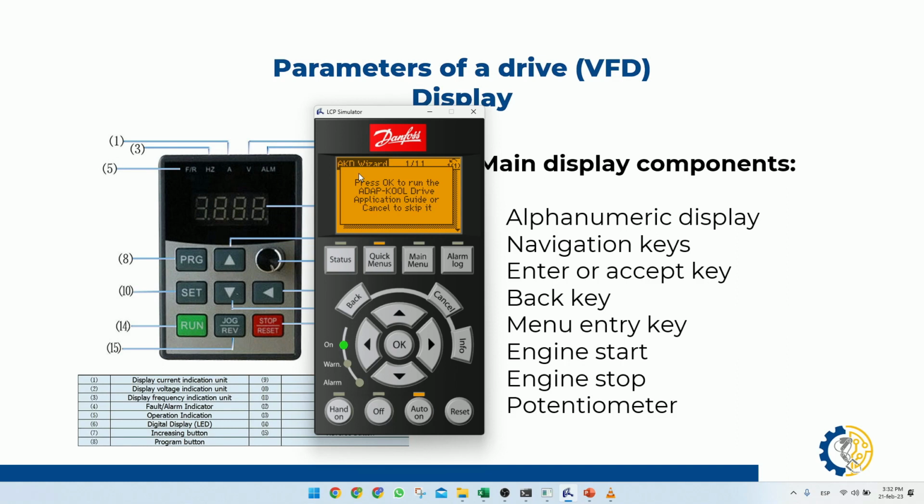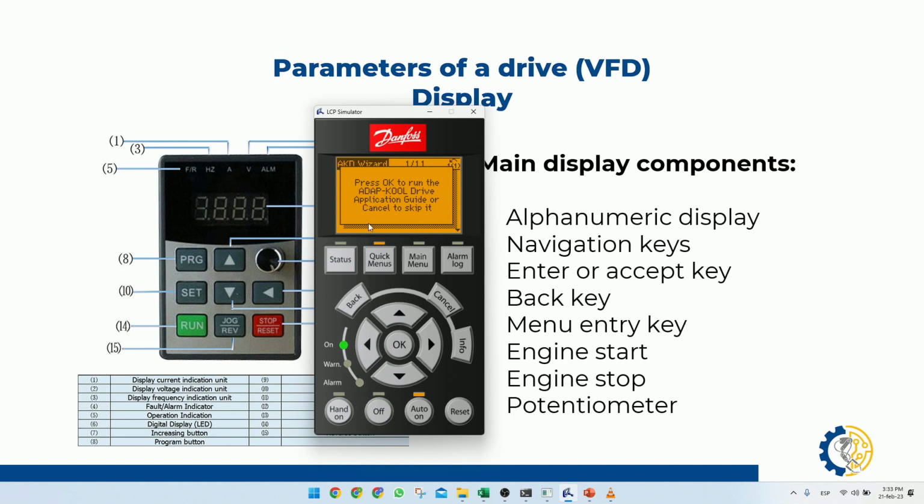And in 90% of the cases, they should have these keys for the alphanumeric control, which is basically the display as such, which is the interface between the computer, which in this case is the drive, and the user, which in this case is us.